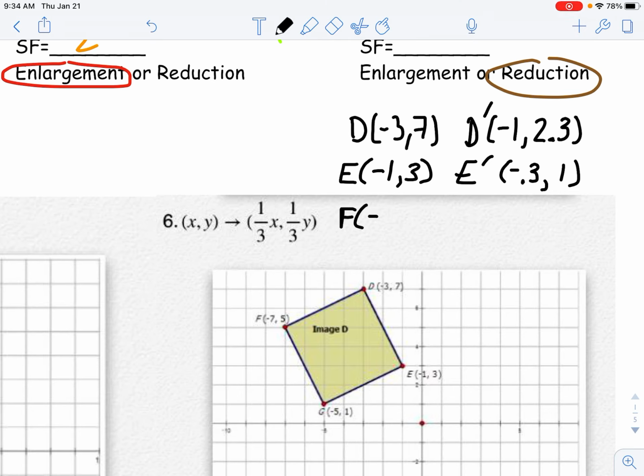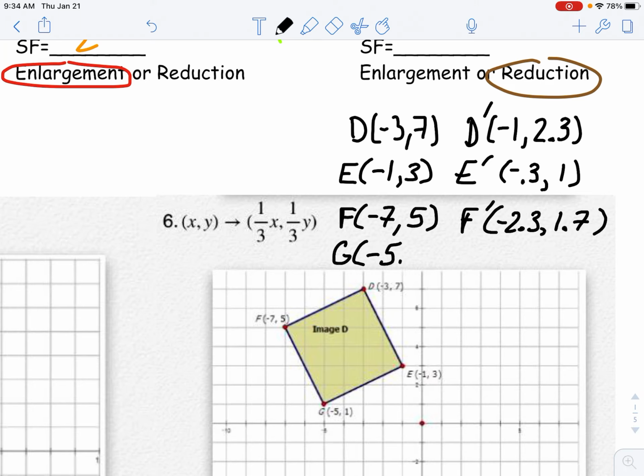F is at -7, 5. So using a calculator, I can see -7 divided by 3 is about -2.3. And then let's see, 5 divided by 3 will come out to about 1.7. Okay, some quirky numbers. It's good to have to deal with decimals every now and then.